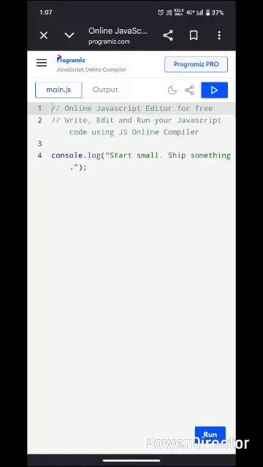Where is it? ECMAScript. It is known as the spec, so go to the spec. These are specifications. If you go to the specification, it is managed by the TC39 community. So one more thing came in.